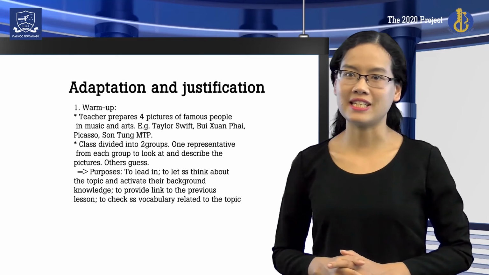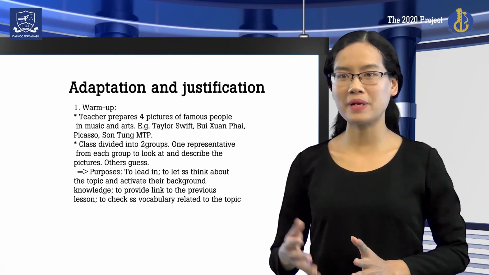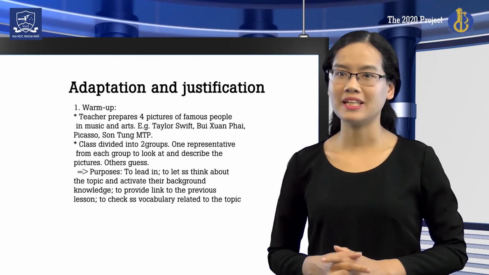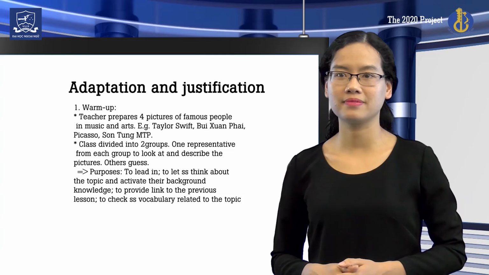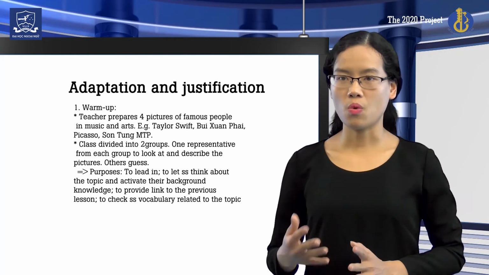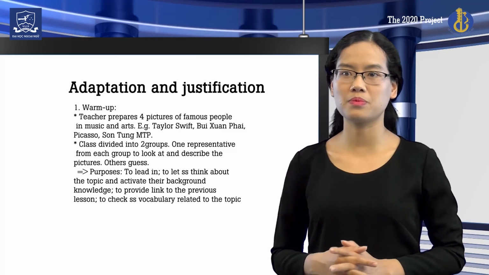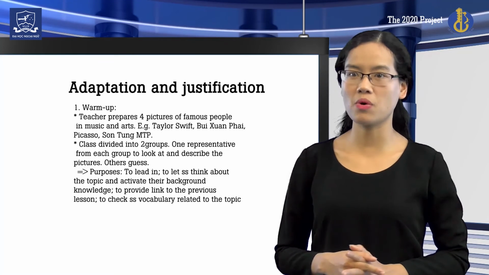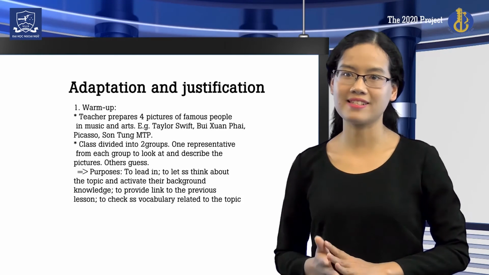In this activity, teacher prepares 4 pictures of famous people in music and arts. Class is divided into 2 groups, one representative from each group to look at and describe the pictures. Others guess.